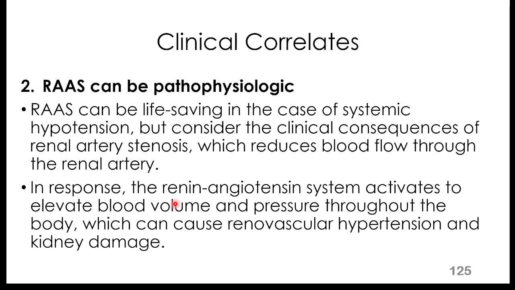Now, the blood pressure that will increase will not just be the blood pressure within the renal circulation, but it will also affect the systemic circulation. So this will lead to what we refer to as renovascular hypertension, and ironically, the increased blood pressure will eventually damage the kidney. It will actually damage the kidney and damage other organs of the body as well.